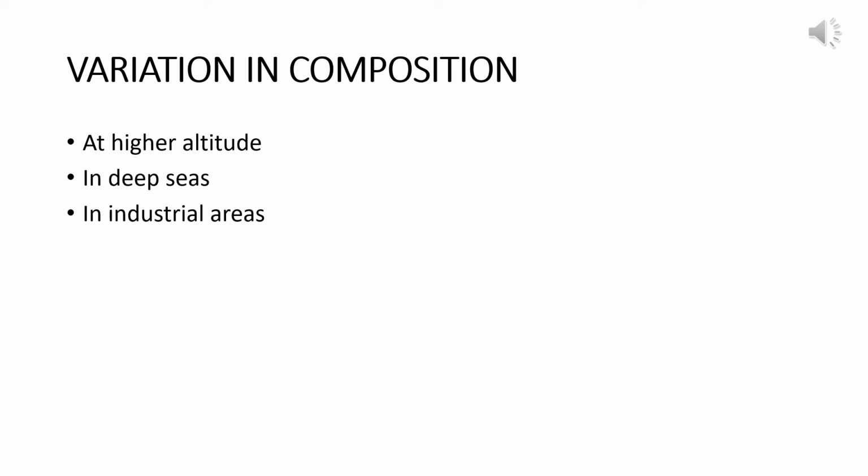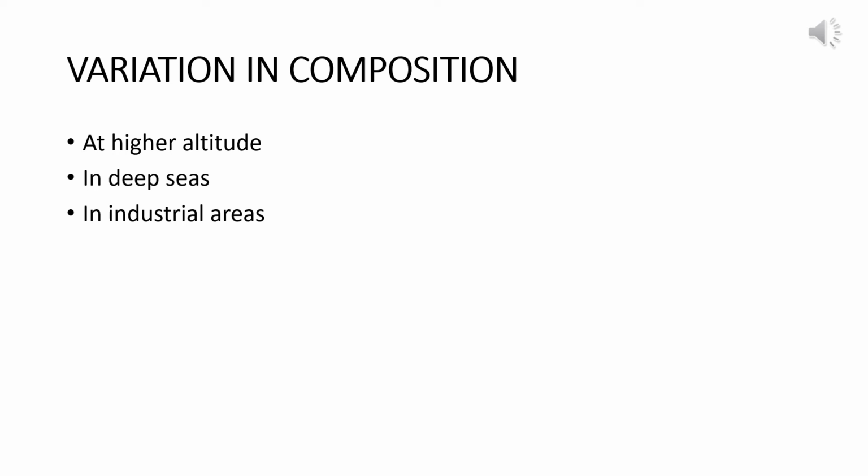In the case of deep seas, there is also less oxygen. Deep sea means a very, very great depth inside the sea, which is almost totally dark, and it has very less oxygen concentration. So divers going to great depths of the sea also carry oxygen cylinders along with them.